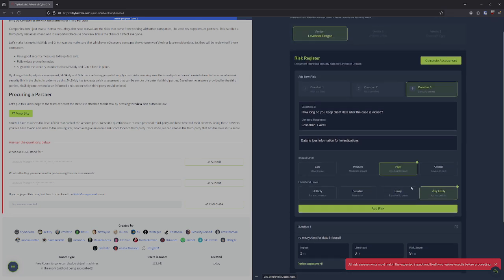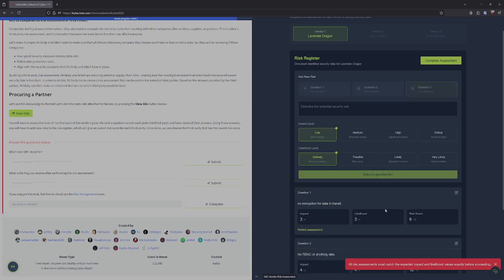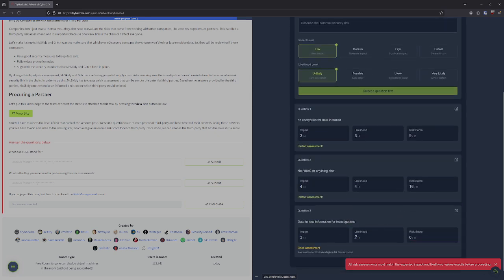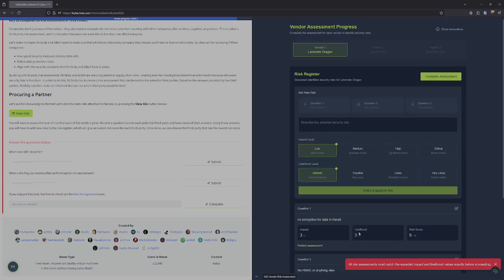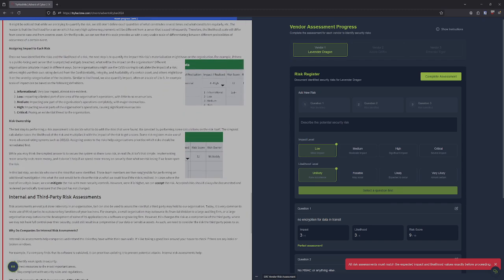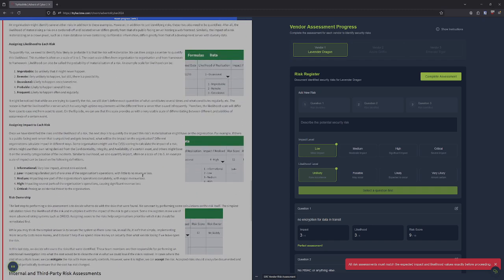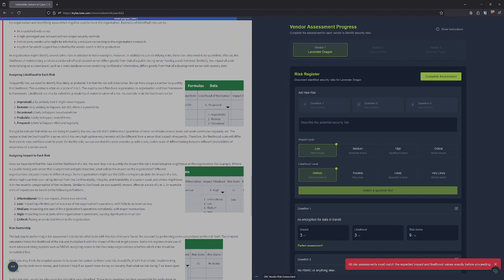Likelihood, I don't think it's that likely that something bad is going to happen. I would say may occur. I don't think it's significantly high. Jesus, I have no idea what this is supposed to be. Okay, likelihood.